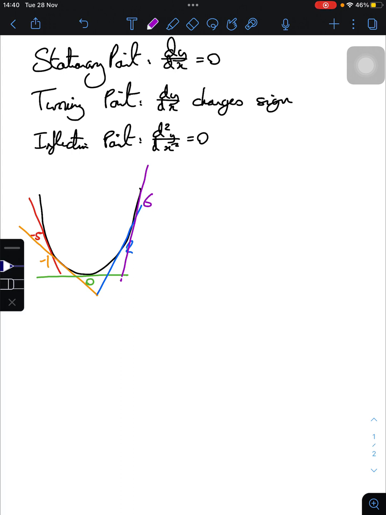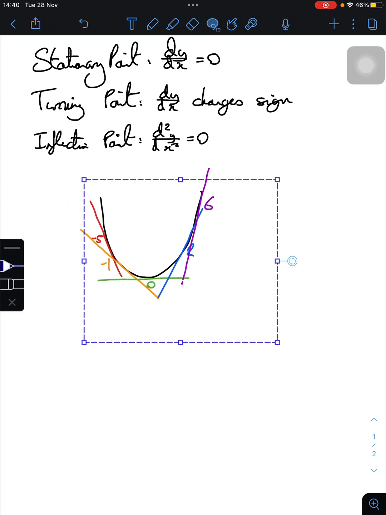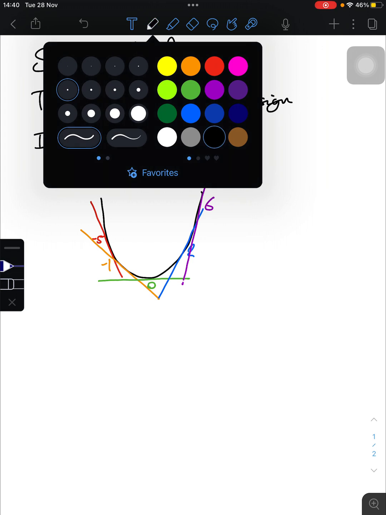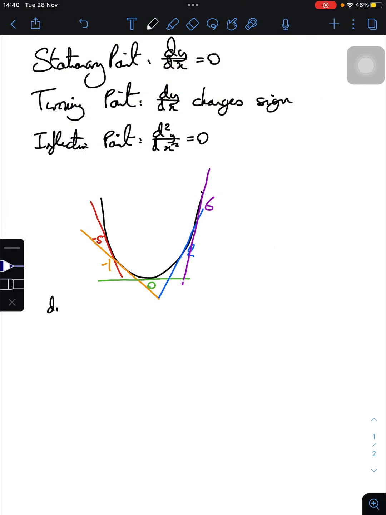And so that might have gradient 6, something like that. So let's write down a table for dy by dx. The gradient at the red line point here is minus 5, then we're going to minus 1, then we're going to 0, then to 2, then to 6.